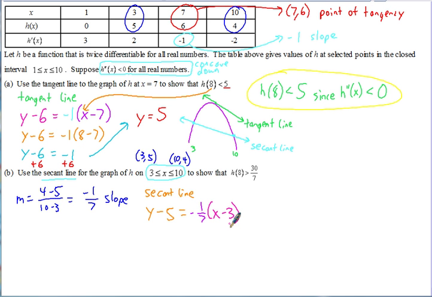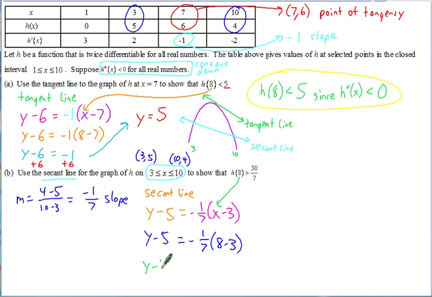And again, we're using it to approximate h of 8, so let's plug in 8 there, see where that point is on the secant line. That'll give us y minus 5 equals negative 1/7 times 8 minus 3.